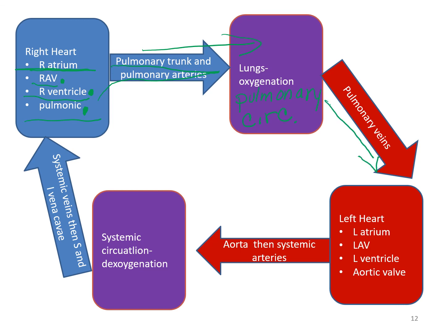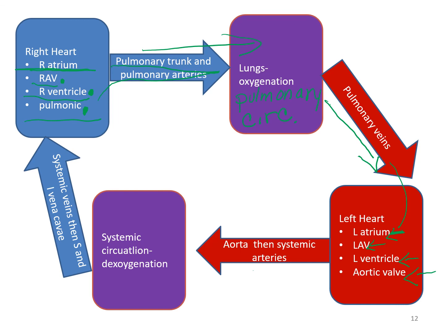So we're headed back to the heart. This is oxygenated blood. In the left side of the heart, from the pulmonary vein, we go to the left atrium, through the left AV valve, and into the left ventricle, through the aortic valve, and out into the aorta.